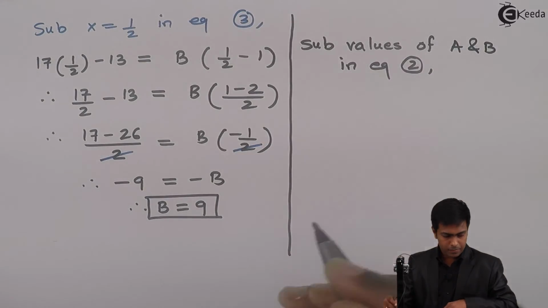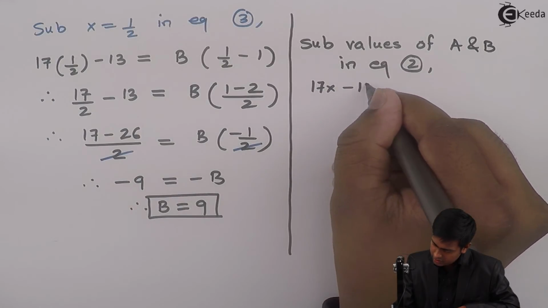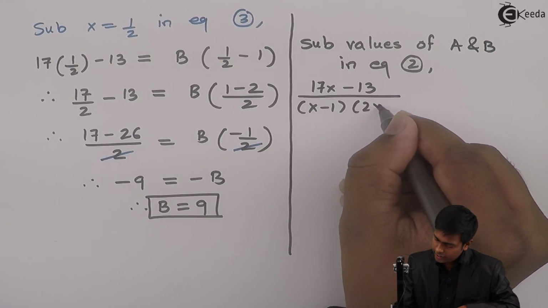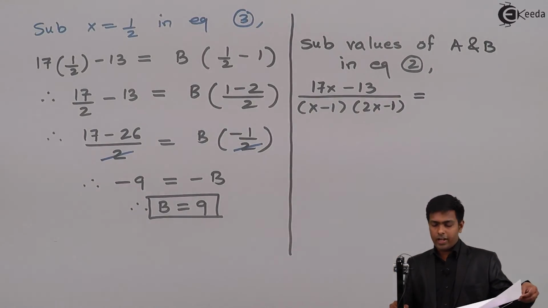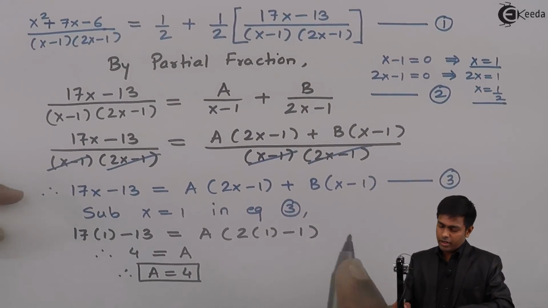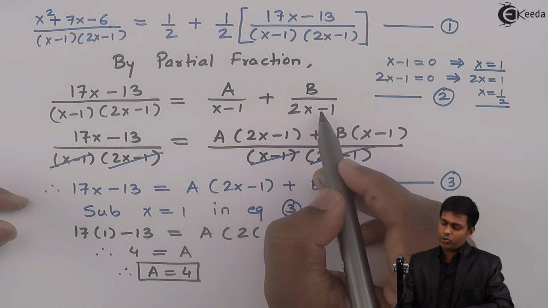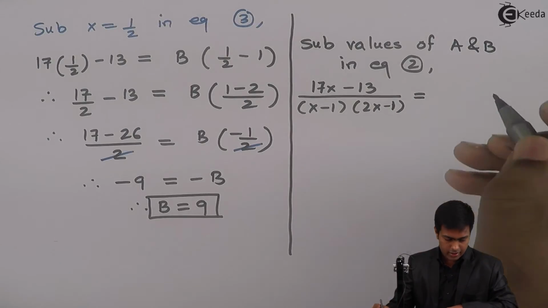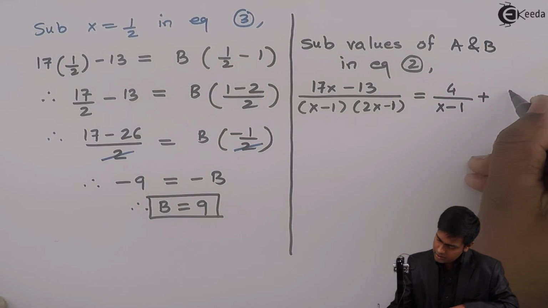So we will get 17x minus 13 upon x minus 1, 2x minus 1 equal to, so here we have a upon x minus 1, that will become 4 upon x minus 1, and b upon 2x minus 1 will become 9 upon 2x minus 1. So that is 4 upon x minus 1 plus 9 upon 2x minus 1.